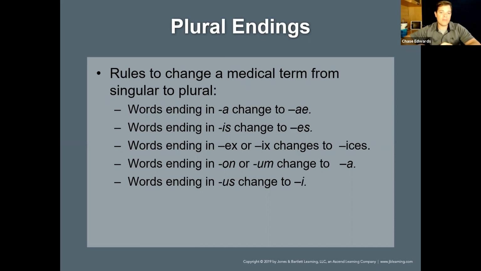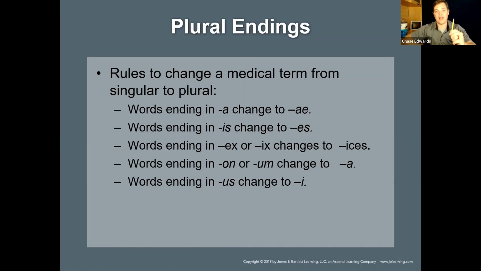So rules to change a medical term from singular to plural. Okay. In most cases, add an S to a singular word, but for medical terms, it gets all sorts of silly. So singular words ending in A, you change to AE. Okay. So like vertebra, meaning one vertebra.